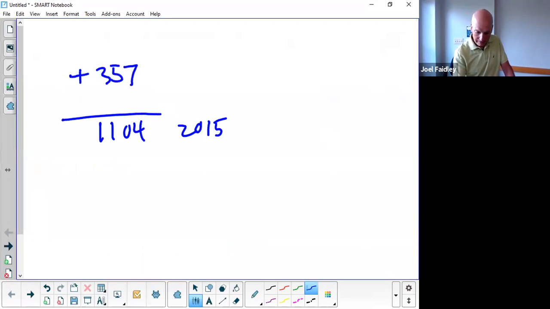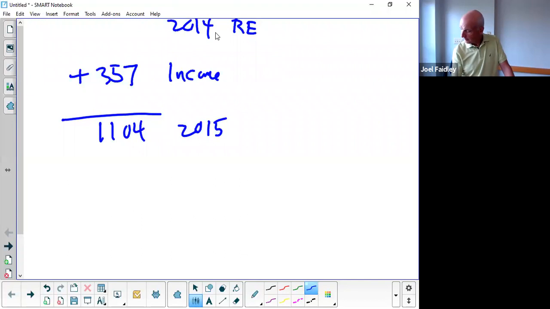So you know we're adding that because we're trying to get 2014 retained earnings. We paid out 45 in dividends, minus 45. So what does that tell us 2014 beginning balance was? Well, we take 1104. Going to add back 45, add back, not subtract, add back 45, and then subtract the 357.